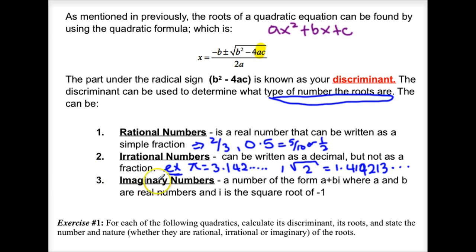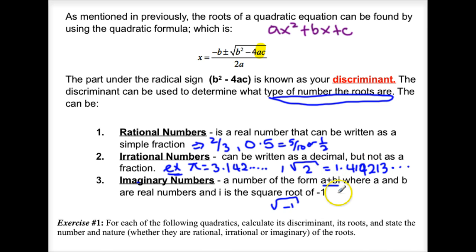And the last thing, which is our focus for this unit, is imaginary numbers, which are numbers in this form, a plus bi. What does that mean? a and b are just real numbers, any numbers on the number line, and the i comes from the square root of negative 1.